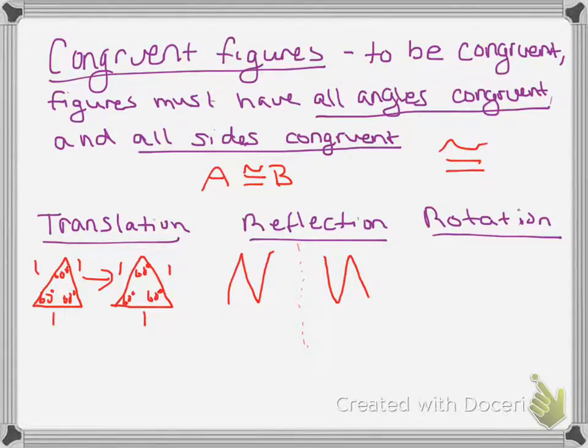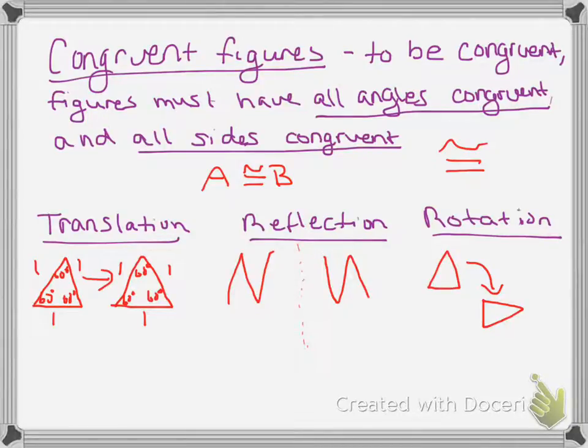And then a rotation would be if you had a triangle and it was rotated 90 degrees to the right, or 90 degrees clockwise. Again, nothing has changed. Those triangles are still exactly the same.